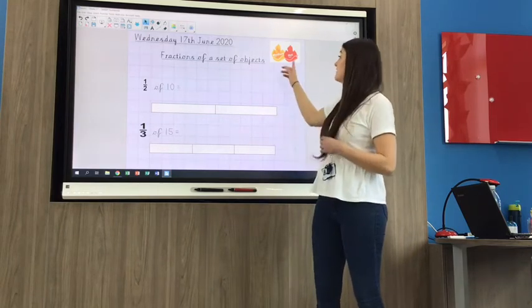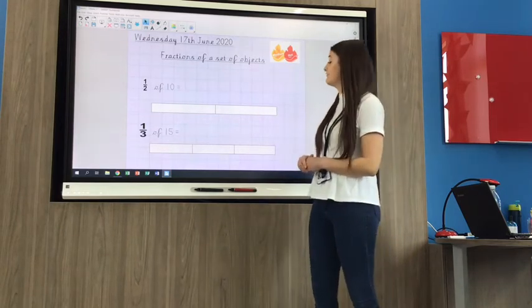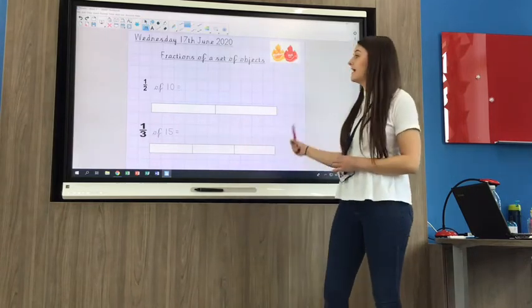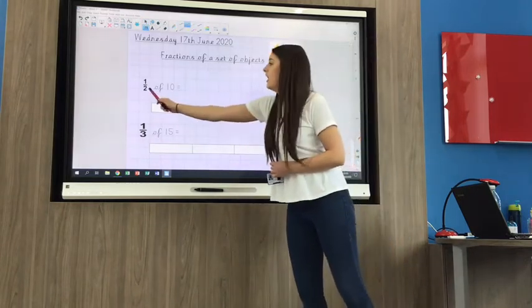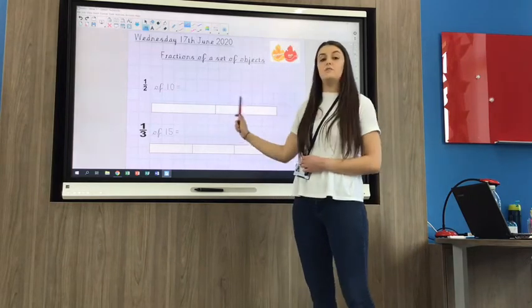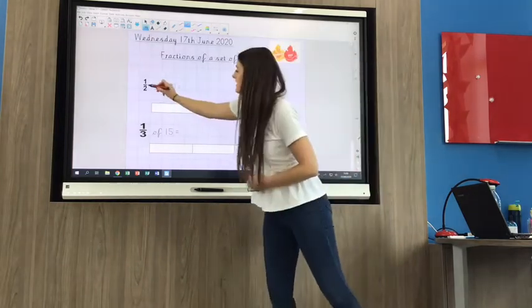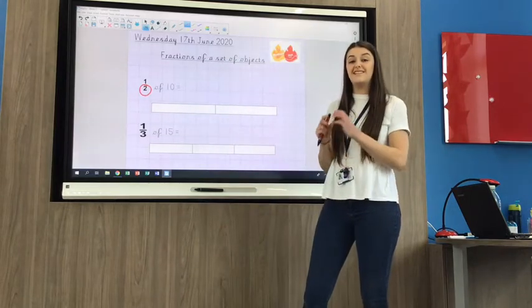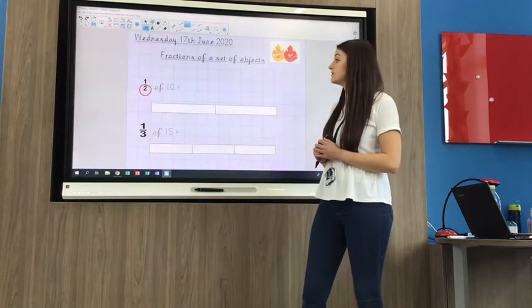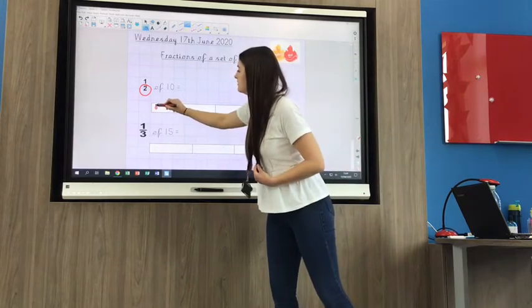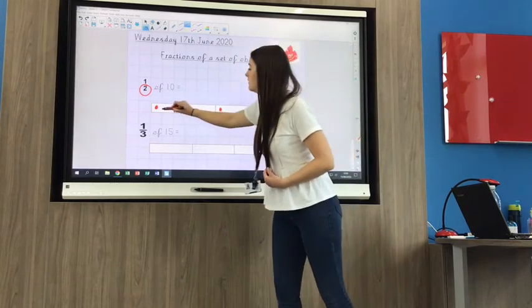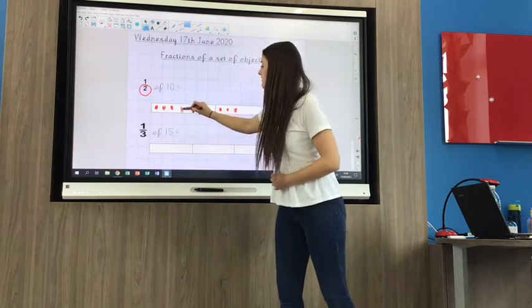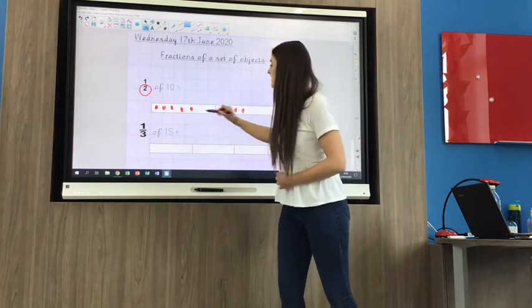If you have been doing the medium and hot, we're going to look at fractions of a set of objects. So the first activity you might have looks like this. It's asking you half of 10, and I've got 2 boxes here because my denominator is telling me I need 2 equal groups. I'm going to split 10 into 2 equal groups. So I'm going to start off sharing 1, 2, 3, 4, 5, 6, 7, 8, 9, 10.